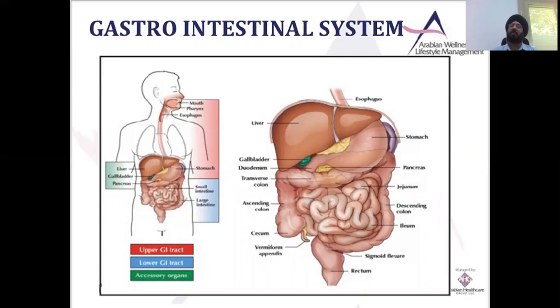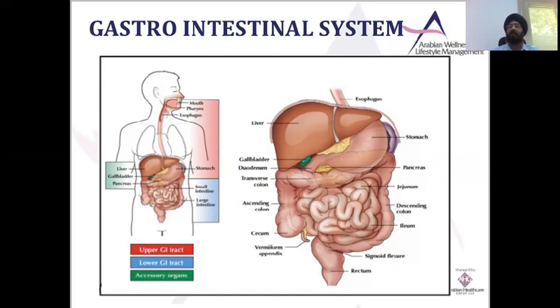Now comes the gastrointestinal system, GI system. The GI system, or the alimentary canal, is a long tube which includes various organs in a group to function together as a system.